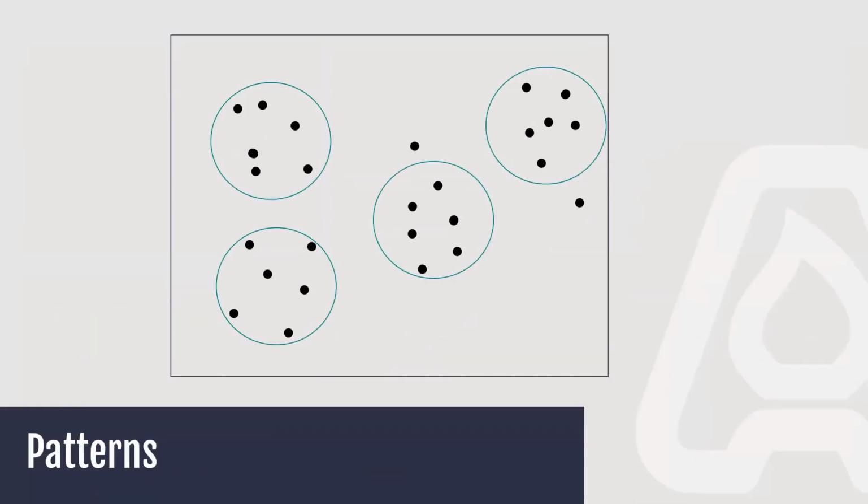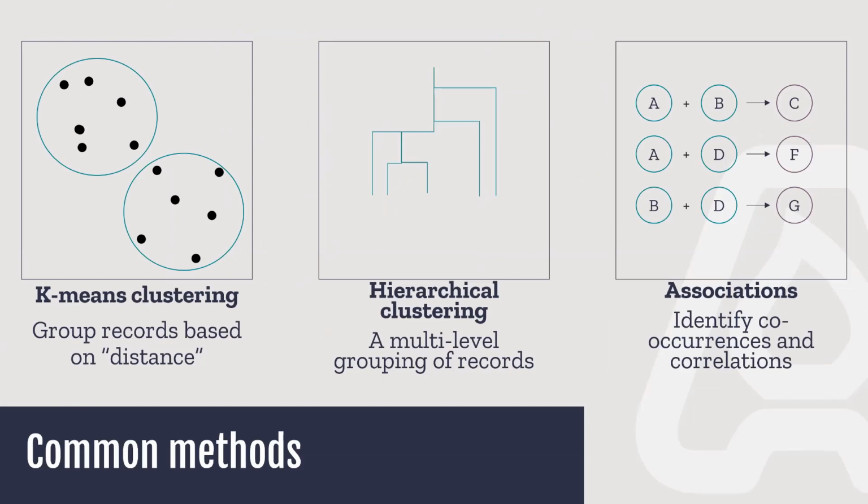For detecting patterns, we can use the detection of patterns for identifying groups inside data that doesn't currently have labels, or we can use it to find associations or correlations between different things. So the most common clustering method, and one of the easiest to do, is called k-means clustering.